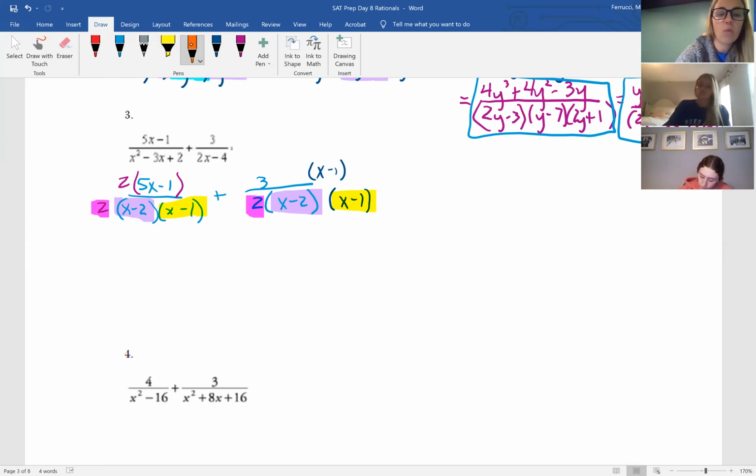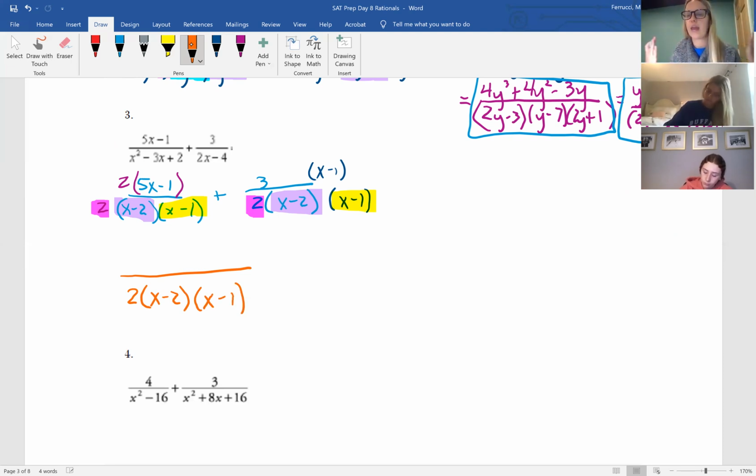Okay, so now what you do is you can condense into one denominator since they're exactly alike, and condense the numerators. So these ones are just straight up distributing, plus x minus 3.